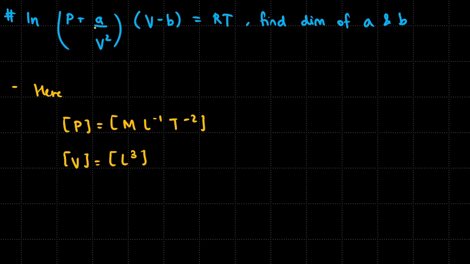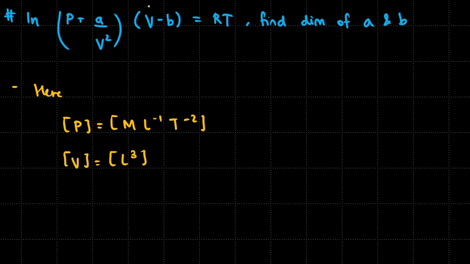Now if you remember the principle of homogeneity, to add something, both of them must be the same quantity. So if the pressure is measured in pascals, this will also have to be a unit of pressure, which means the dimension of P and a/V² will be the same.